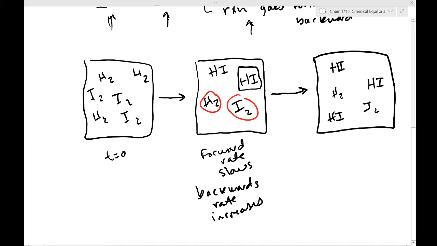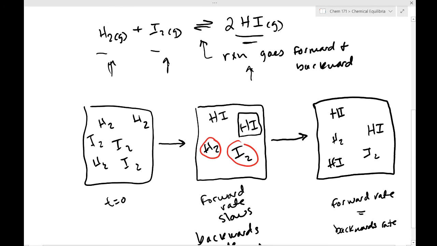So this is at t equals very long. Eventually you reach a point where the forward rate is equal to the backwards rate.